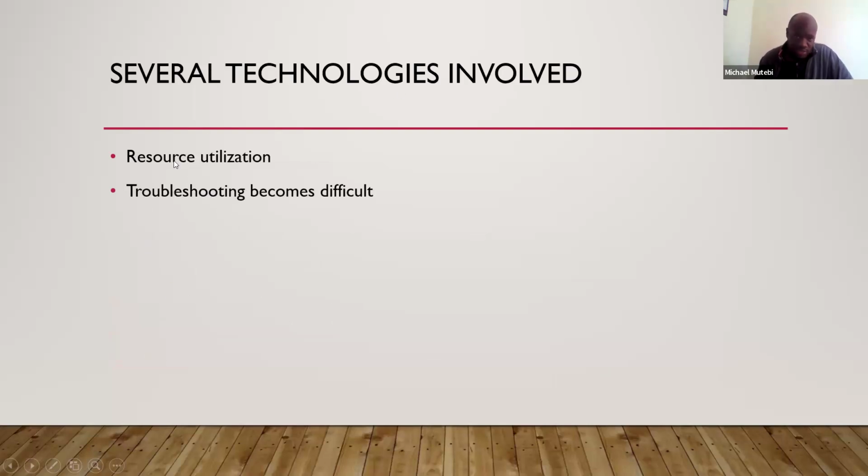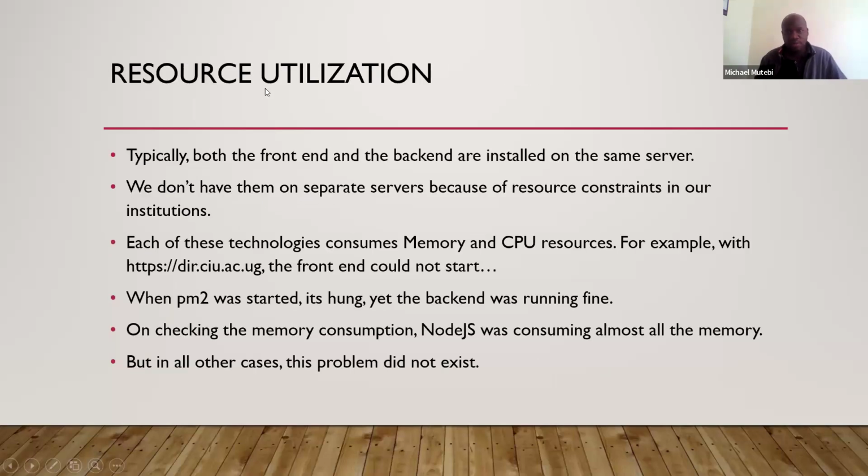And they come with challenges. We've got an issue of resource utilization, and also troubleshooting is difficult with all these technologies. Typically, we usually run the back end of DSpace and the front end on the same machine.